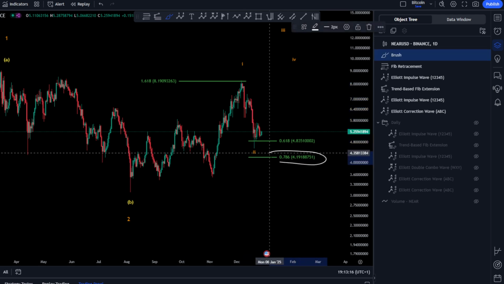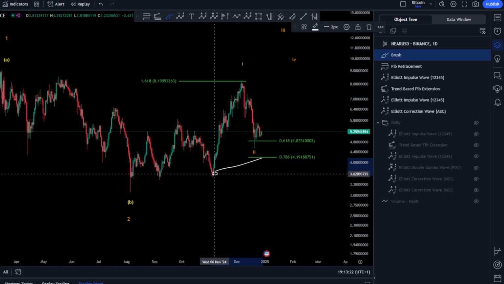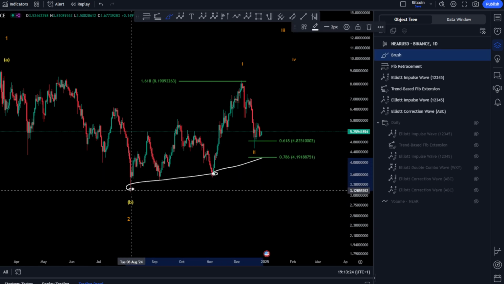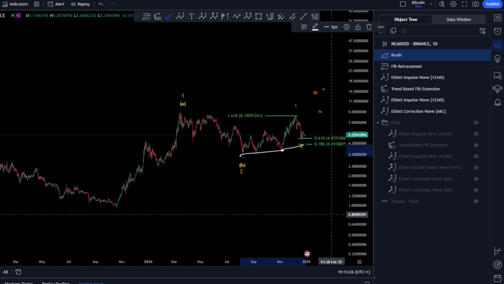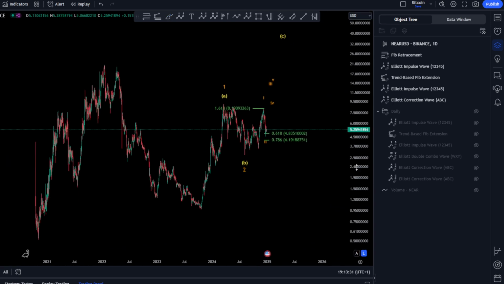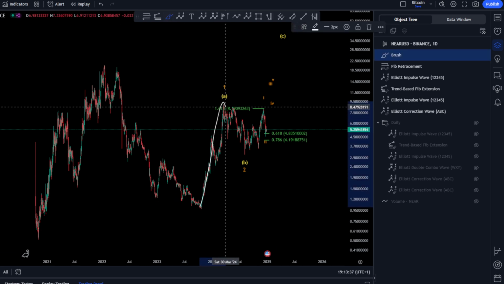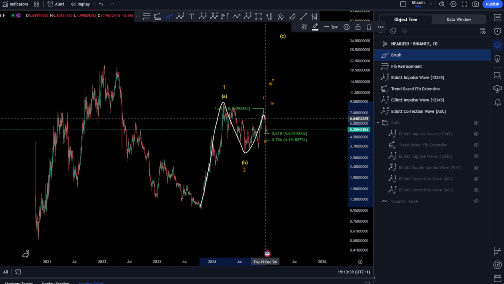If we reach this 0.78 and break it, that means, of course, we're going to take the low here, and then we're going to take this low, and probably dive a little bit deeper. In that scenario on the daily, this is your wave 1 finished, but your wave 2 is probably not finished yet, and we might have a big zigzag here.